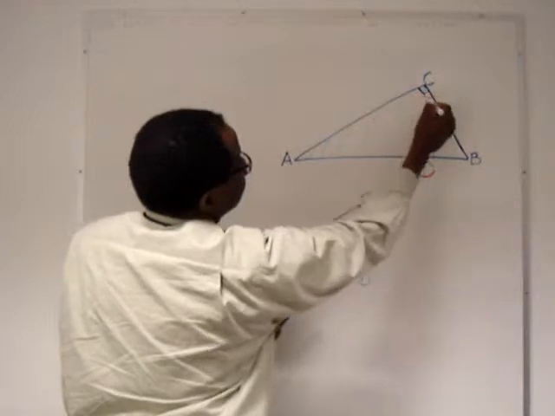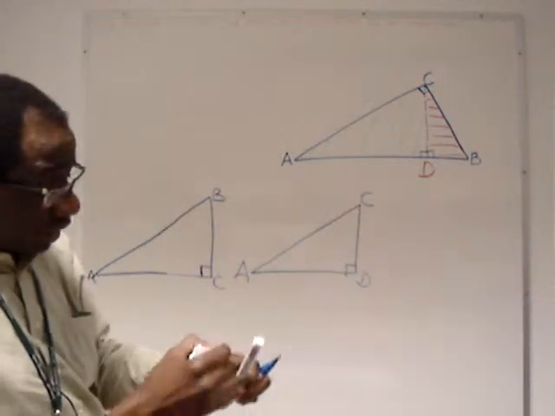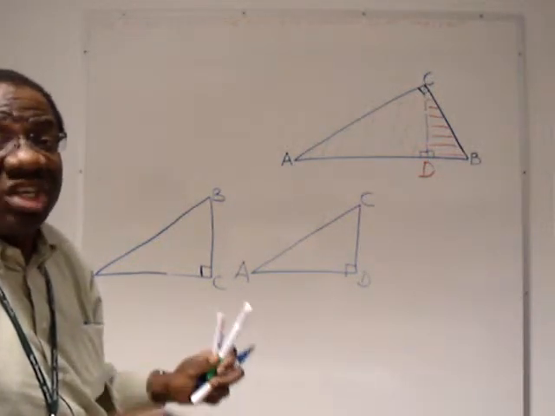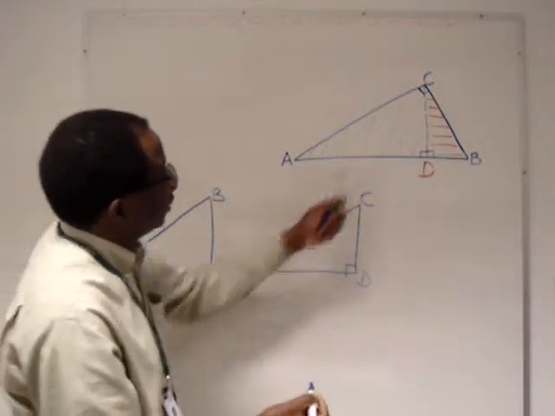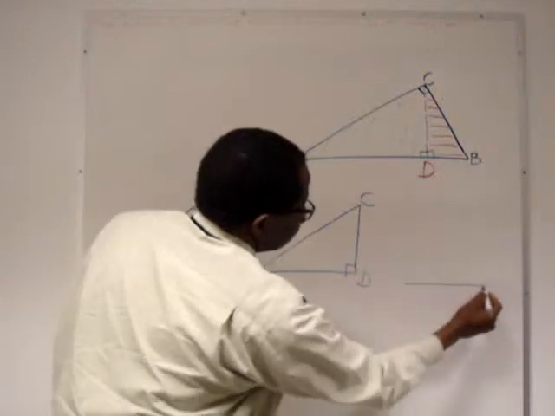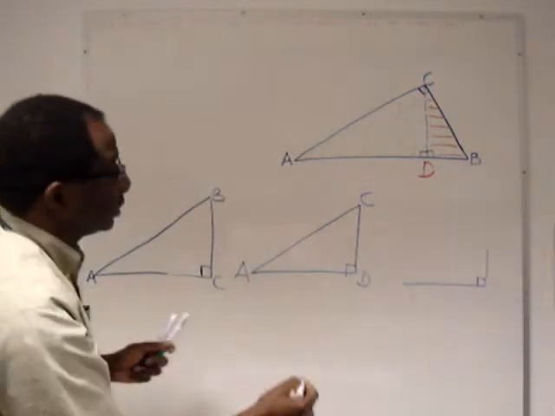Let's go to the last one, the smallest of the three, or the smaller of the two new triangles. Again, we want the right angle to be here, just like these other ones.